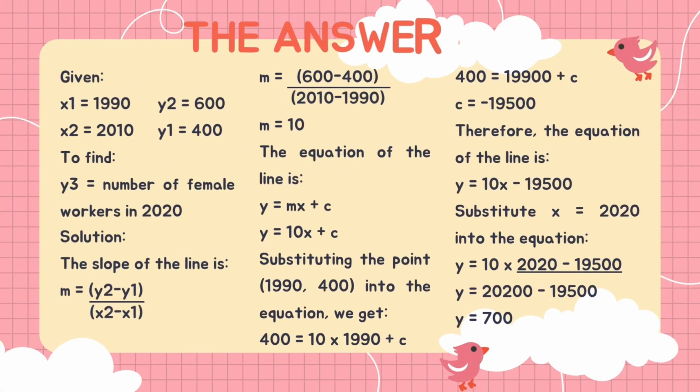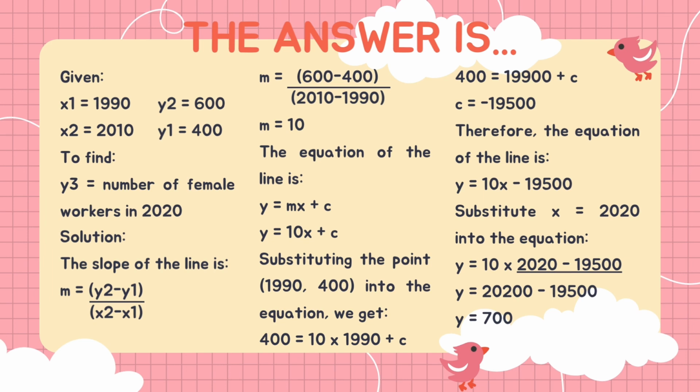The following is the discussion. Given x1 equals 1990, x2 equals 2010, y2 equals 600, y1 equals 400. To find y3, the number of female workers in 2020. Here is the solution.